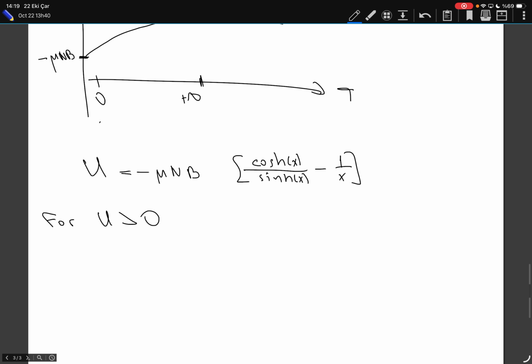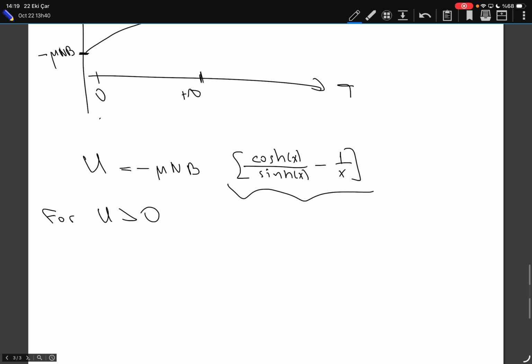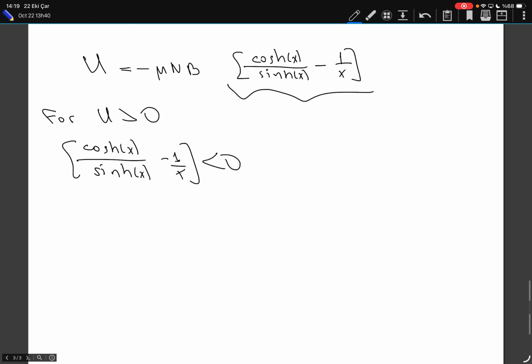If I want U to be positive, you see this square parenthesis has to be negative. I want the first term to be negative. Let me put it that way.